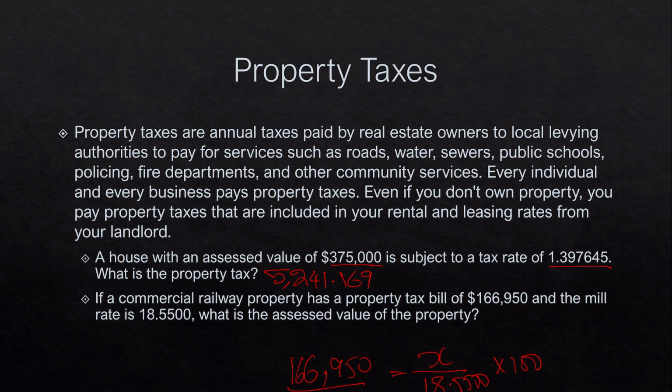So we can find out the property price. 166,950 multiplied by 100, divided by 18.55, and we get this value.